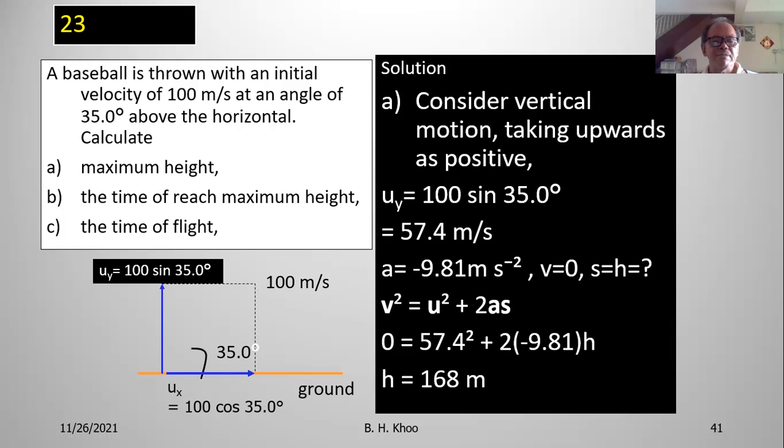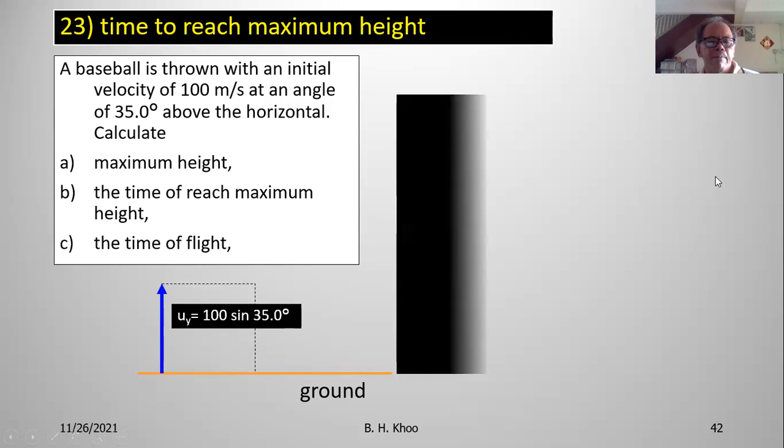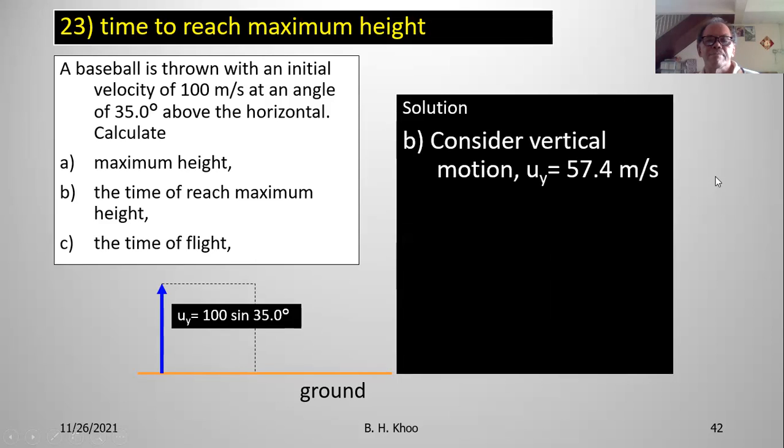Right? Time to reach maximum height. We can still use the same given values. All these parameters that have been given, and then calculate the time. Okay, that is what we have calculated. V is 0. So to calculate the time, use V equals U plus at.